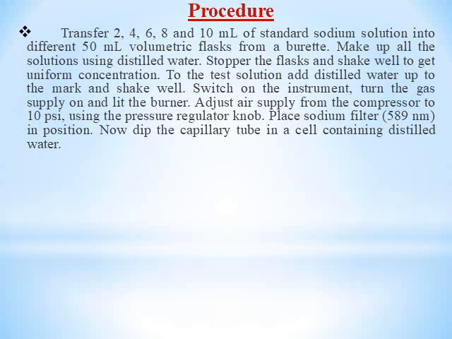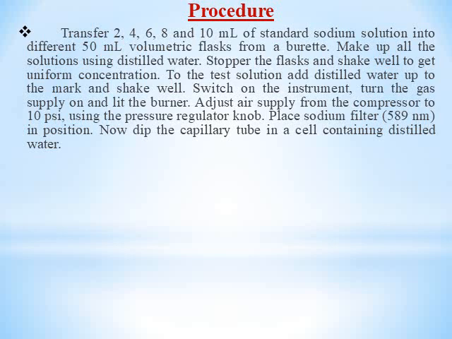Now the instrument is switched on and the gas supply is also switched on, and the air pressure is adjusted to almost 10 psi using the pressure regulator knob. Sodium requires a 589 nanometer filter, which is inserted into the filter position.